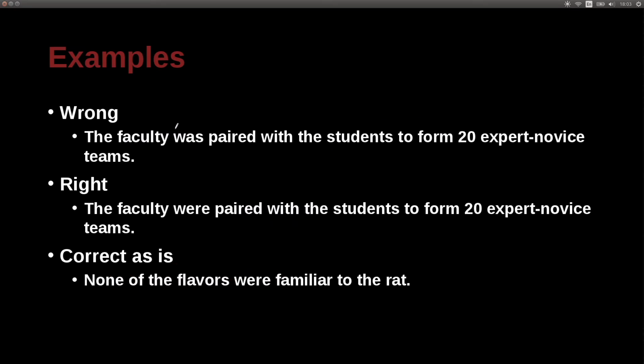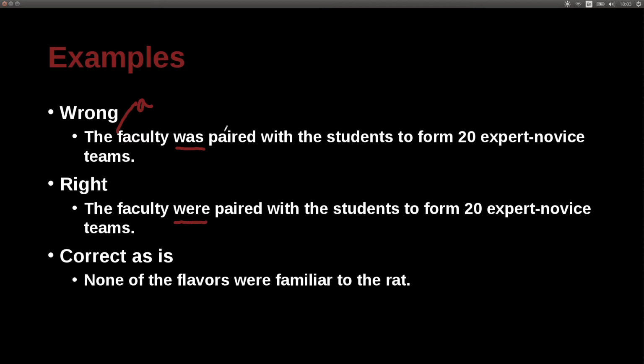The faculty was paired with the students to form 20 expert novice teams. Again, similar situation, right? Faculty usually would be all the teachers at a school. So we would say something like a faculty or the faculty. It means all of them. There could be hundreds of them. But in this case, the correct way to write this is the faculty were paired. Why?